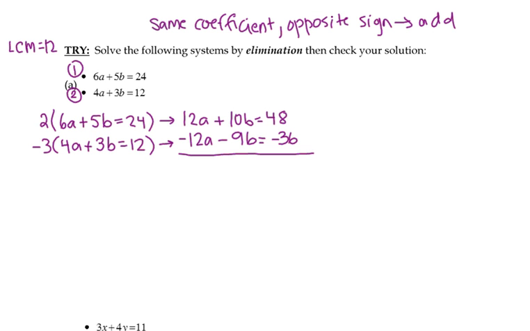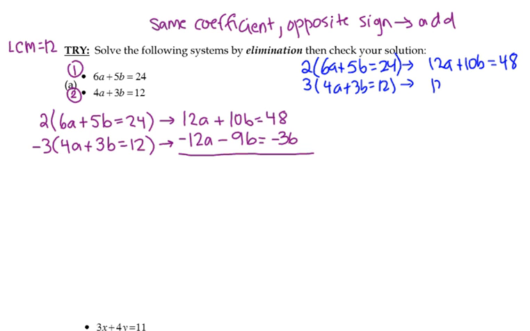Now, you could have also switched one of the signs after. Just a little side note, if I multiply the first by 2 and the second by positive 3, 6a plus 5b equals 24. And then 4a plus 3b equals 12. So say I multiplied them both by just the 2 and the 3, positive. 6 times 2, 12a. So same equations here.